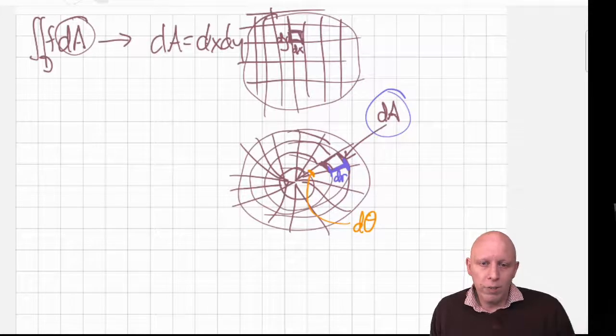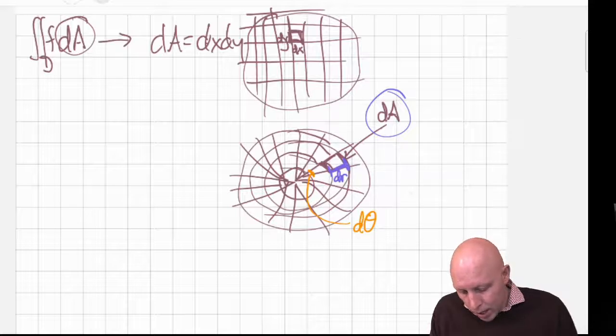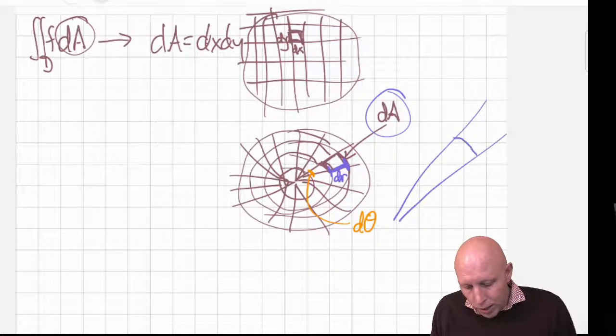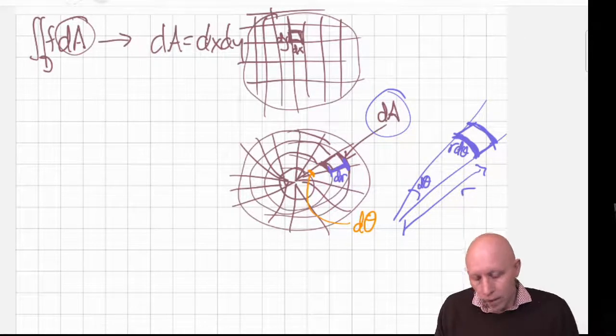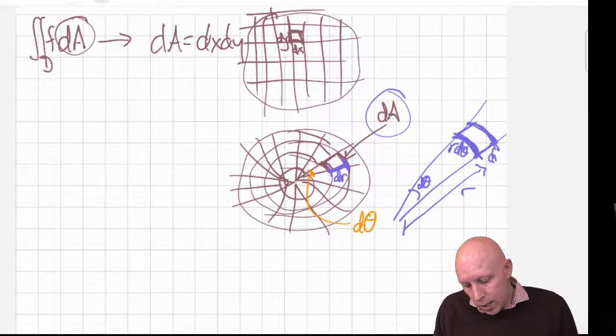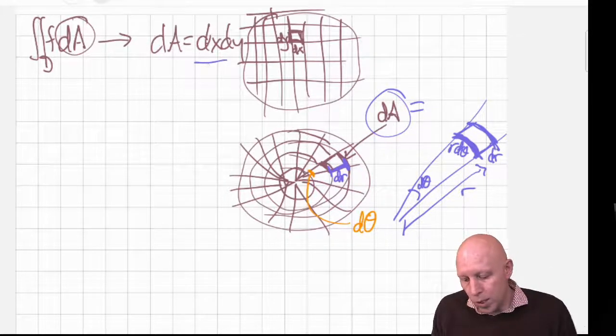We've seen something similar to this before. The key aspect of this is when you're out here at a distance r from the origin, since d theta is an angle, the length of this little tiny slice is r d theta, whereas this is dr. So in fact, dA in this regime is no longer equal to dx dy, it's r dr d theta.